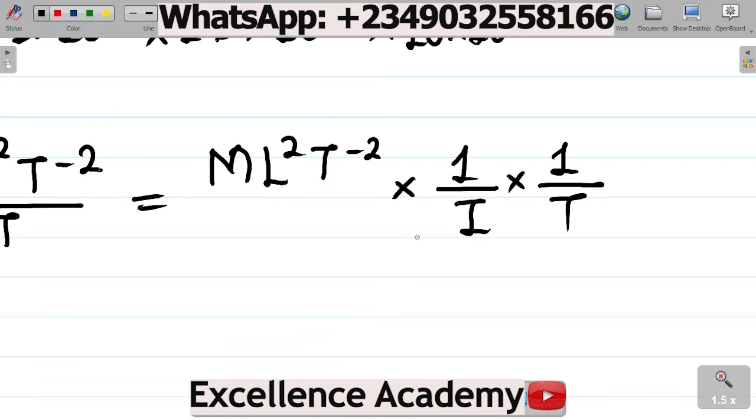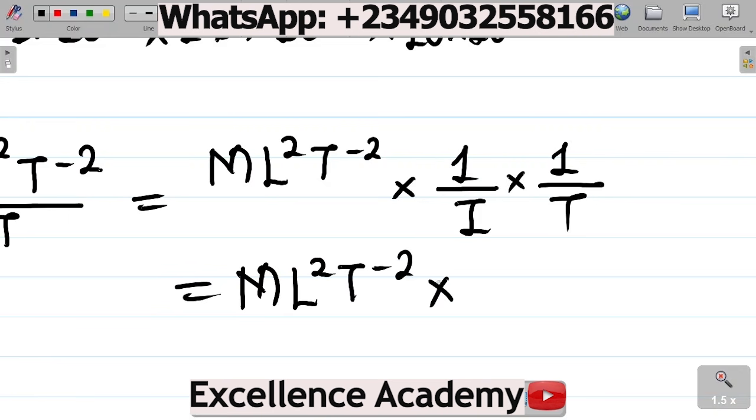Now this is equal to ML squared T to the power minus 2 times 1 over I, which becomes I to the power minus 1, times 1 over T, which becomes T to the power minus 1. Let's work on this here.